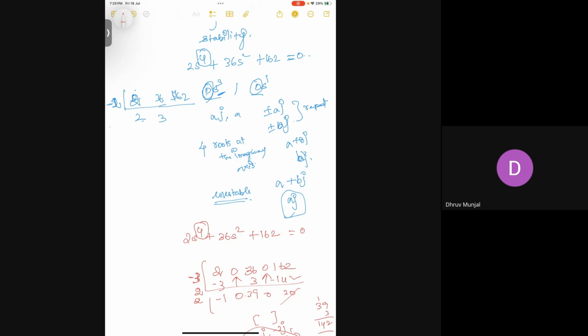This is the transfer function equal to, how will you write this transfer function? Roots for this you have to find, right? Good. tf equal to tf of [1, 2 0 36 0 162].